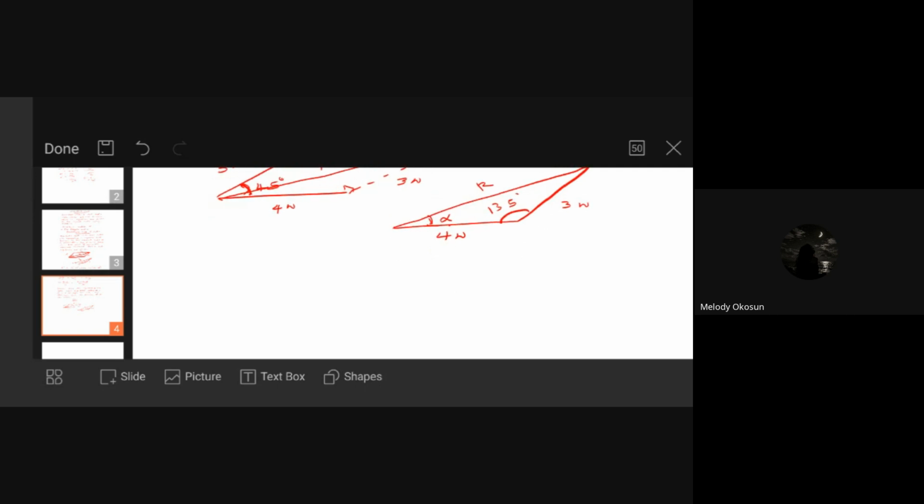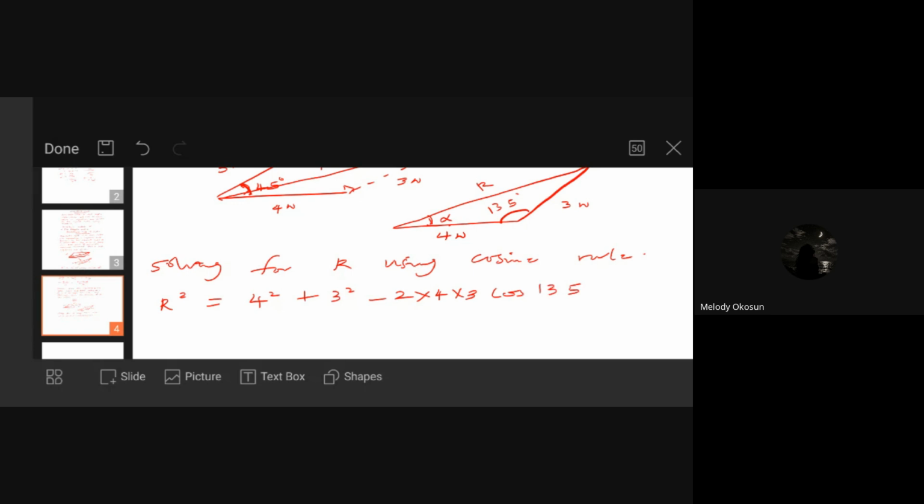All right. So how do we find R? We have to use the cosine rule. So solving for R using cosine rule. The cosine rule states that my R square, if I apply that, is equal to 4 square plus 3 square minus 2 times 4 times 3 cosine 135.